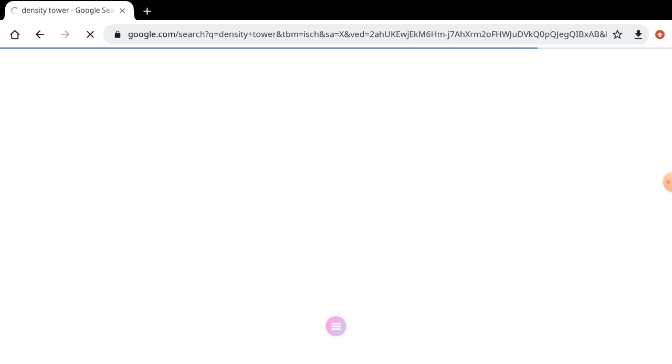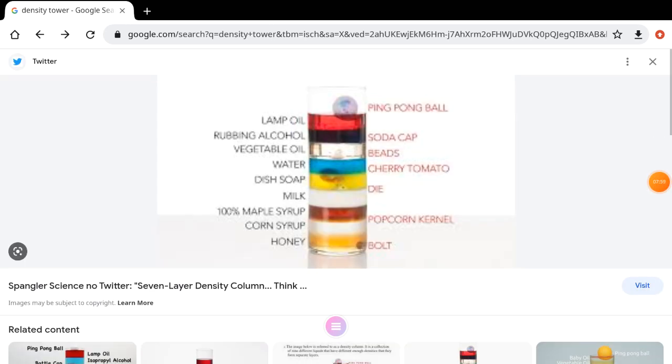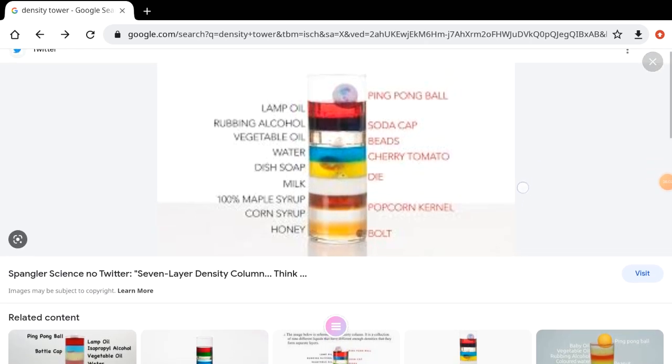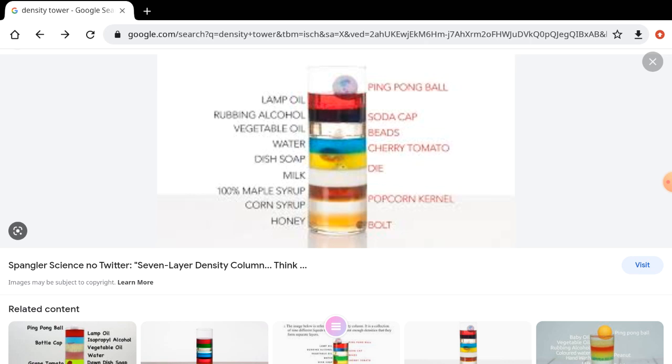Let me see if that gets us there faster. Let me pause this, see if that helps. Okay, now that we actually have a density tower up here, I know it's kind of grainy, but you can still see the words.